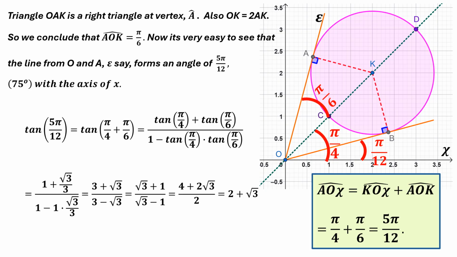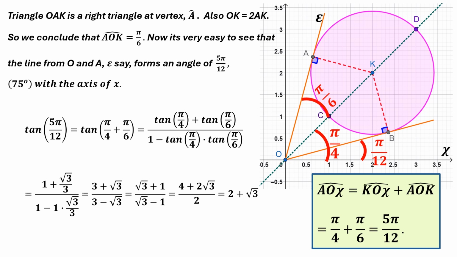Triangle OAK is a right triangle at vertex A. Also segment KA is half of the segment OK. So in the right triangle OAK, one of the legs is half of the hypotenuse, in this case the angle opposite to that leg, that is angle AOK, is pi/6 radians.